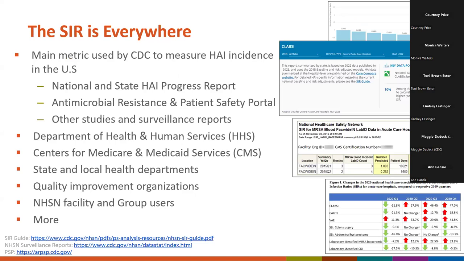And it may also be used in surveillance reports by your state or local health department. For some facilities, the SIR is publicly posted by some of these agencies, such as CMS or a state health department. And other facilities may be using the SIR internally for infection prevention purposes and tracking HAIs over time. So there are some screenshots here on the slide showing you a few of the ways that the SIR is used at CDC.